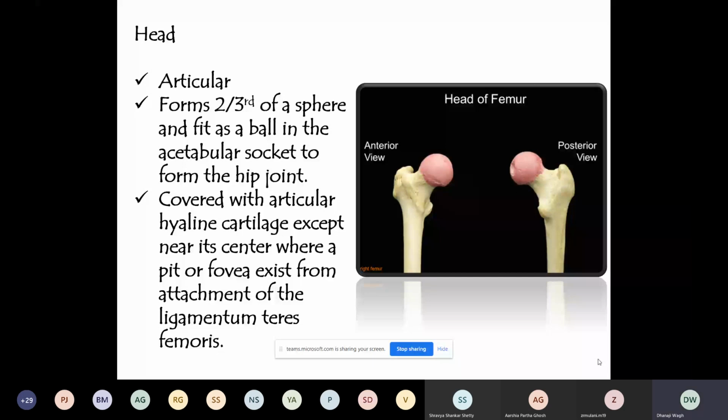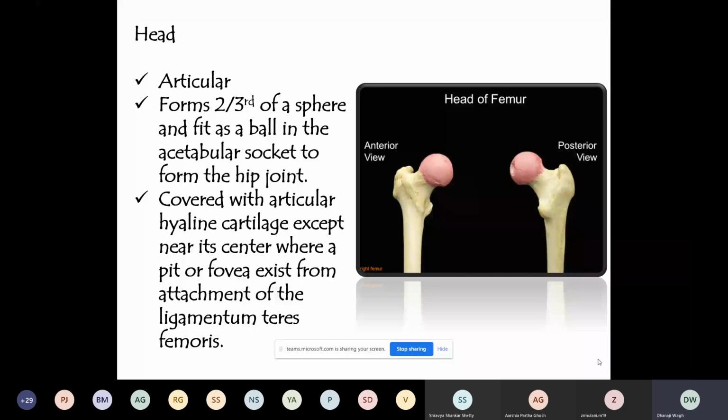Another one is the large lateral part of the head. Before, we have seen there is a small medial part supplied by the medial epiphyseal arteries, which are derived from the posterior division of the obturator artery and from the ascending branch of the medial circumflex femoral artery. Isn't it clear? Now the lateral part, which is the larger part of the head, is supplied by the lateral epiphyseal arteries, which are derived from the reticular branch of the medial circumflex femoral artery.